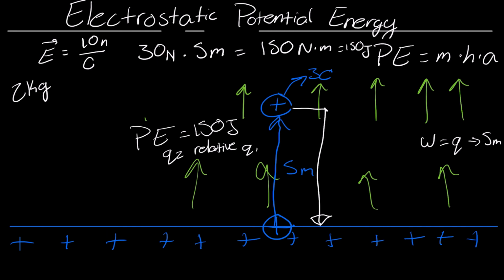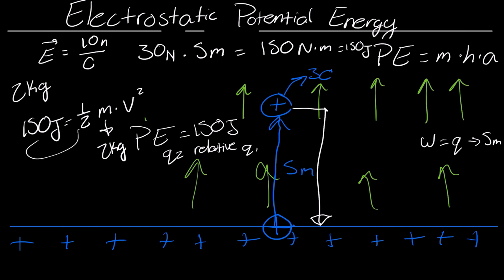So we have the 150 joules being equal, with just another formula, to 1/2 of mass times velocity squared. Mass is 2 kilograms, so we pass this 2 over here, and we have 300 joules equals 2 kilograms times velocity squared.